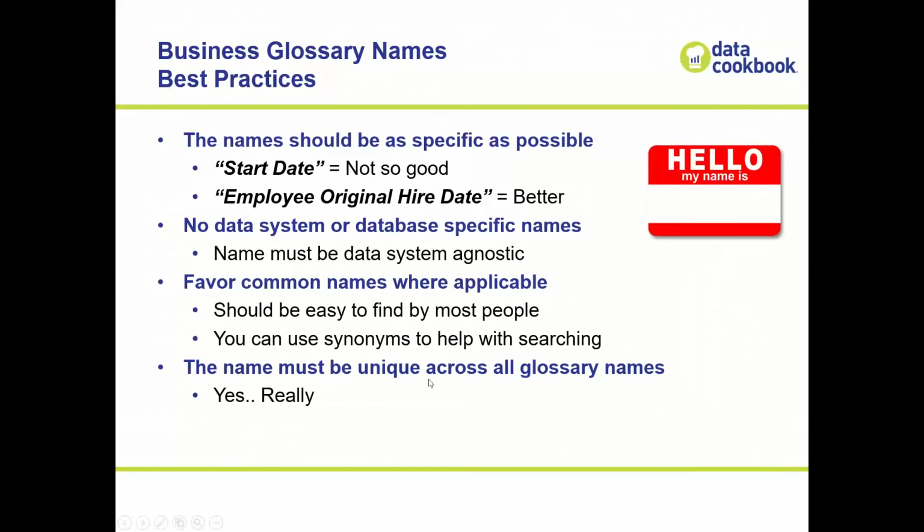And lastly, and I should have just put this as the first bullet, the name must be unique across all glossary names. Yes, really. Where we get the most pushback on that is from people who have not yet bought into the idea that the glossary is functional, because they say, well, we have an ID in our PeopleSoft system, and we've got a different ID in our Microsoft system, and they're all called ID.